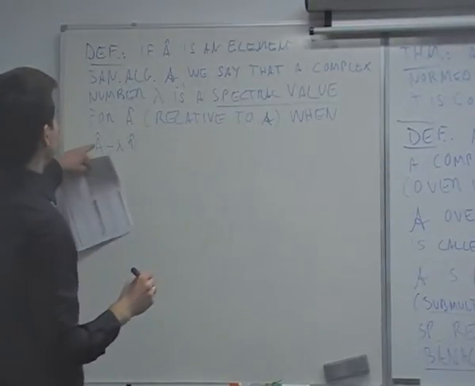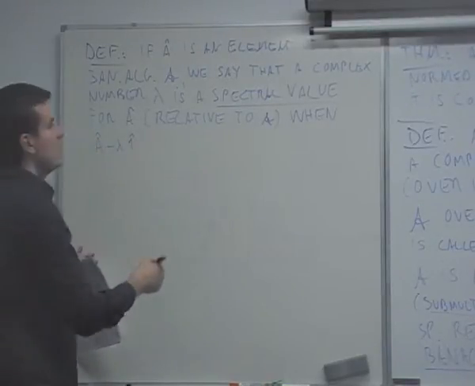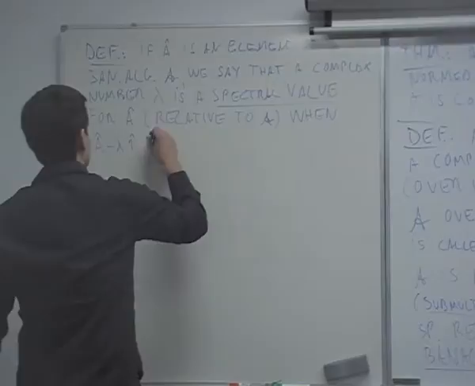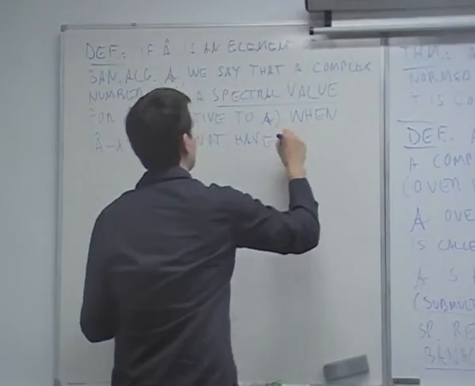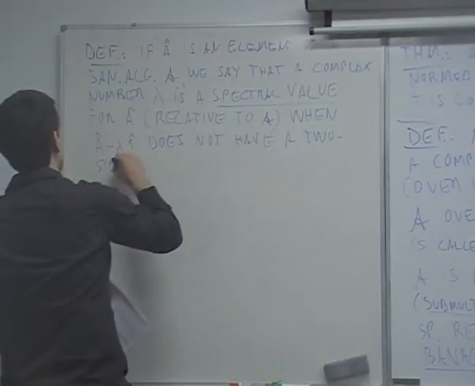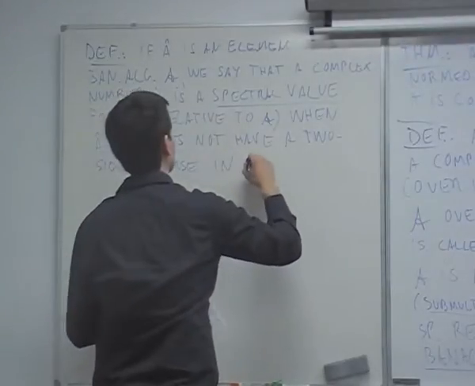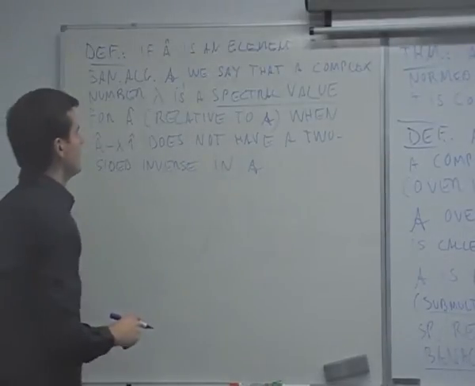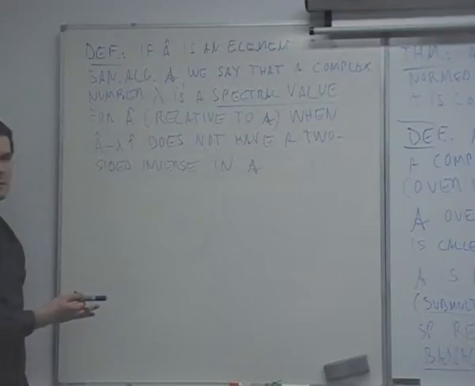I start writing these things in operator form with hats, and the identity then becomes the one with the hat. So if this operator, which clearly is also in the Banach algebra, does not have a two-sided inverse in A. Okay, so when you look at this, you'll actually see, of course it does apply to the finite dimensional situation also.